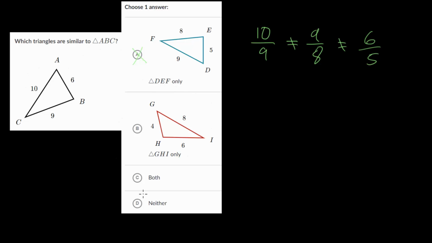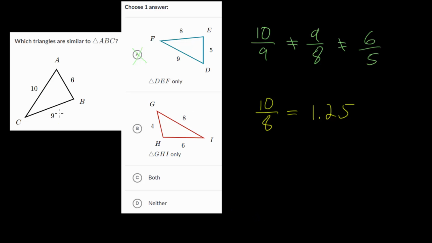And we can carry out the same method in triangle GHI. We want to compare the big side of triangle ABC to the big side of triangle GHI. We want to look at their ratio. We can take 10 and divide it by 8. And if you want, you can carry out the division along the way and simplify. This should be our proportionality constant if the two are similar.